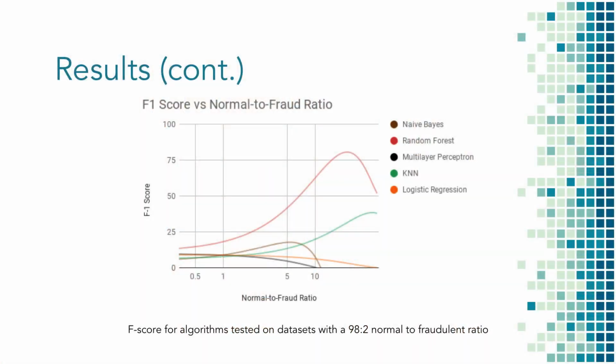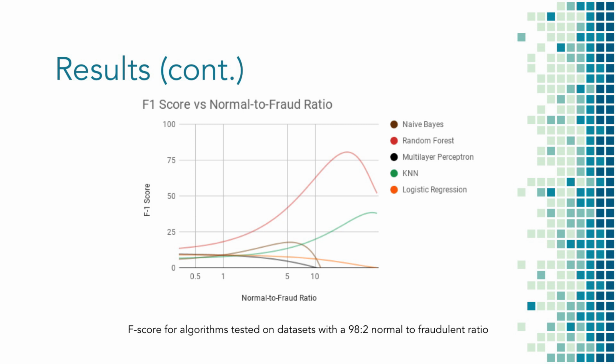So as a result, we saw that closer to 50-50, there was actually not a very high F-score in all of the algorithms. Because when the algorithm was trained on 50-50, it expected that the testing data set should have 50% fraud, 50% normal. But this isn't the case, because in the testing data set, you'd have 98% normal and 2% fraud.